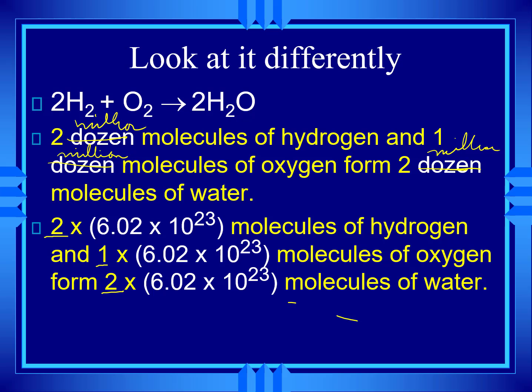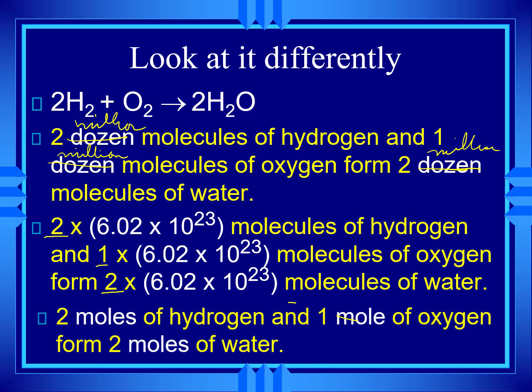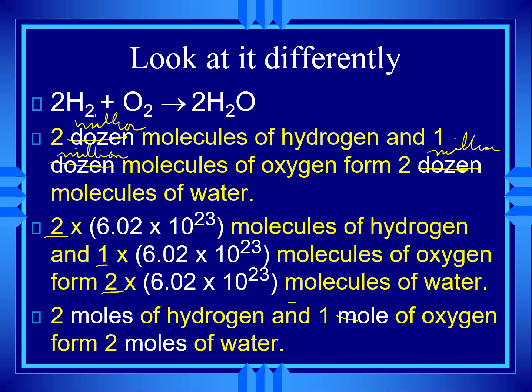So the whole purpose of this was that we can write these equations in terms of moles. If I do it a bunch of times, I can say 2 moles of hydrogen and 1 mole of oxygen make 2 moles of water. So the coefficients up here are the same as the coefficients on the bottom, and all I do is stick in the word mole.